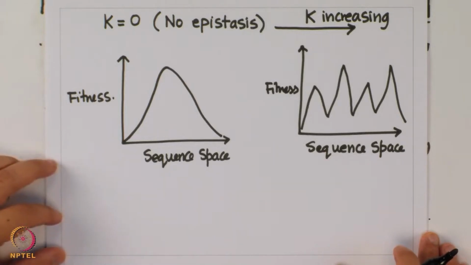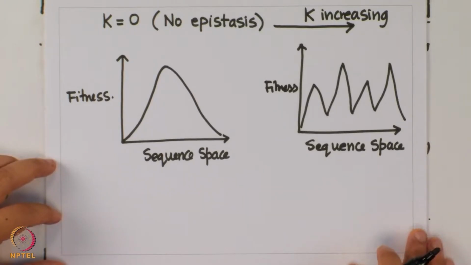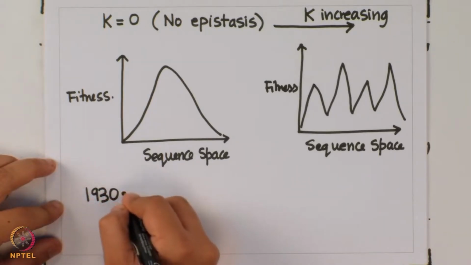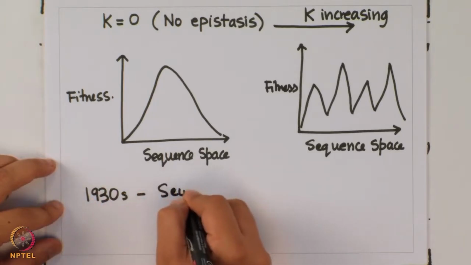Okay, so just concluding this idea of fitness landscapes and epistasis, this idea of fitness landscape was first proposed in the 1930s by someone called Sewall Wright.